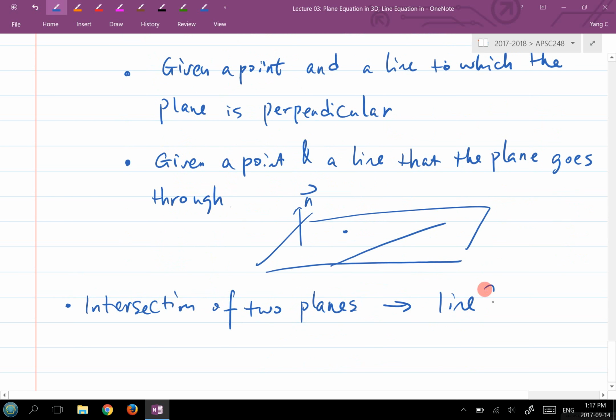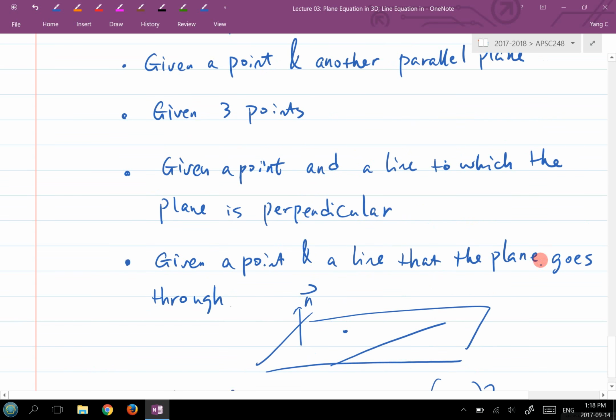So basically, what will be the line equation, for example? Okay, so that's another scenario. So this is all the possible types of questions for planes only, or sometimes a little bit related to the line. And once we finish the line equations, then we have a complete picture of everything.